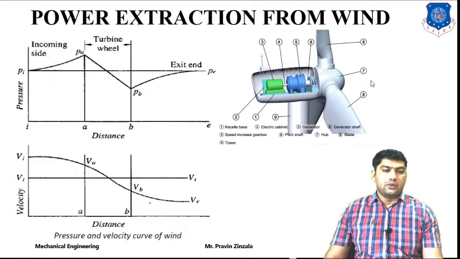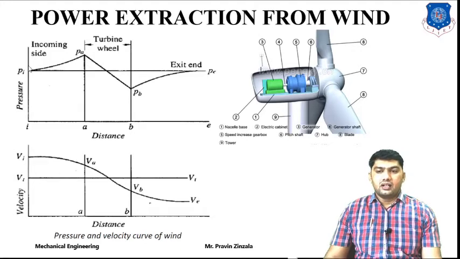This is our inlet point, the incoming side, and B is the outlet, the exit side. PA is the pressure at the inlet side and PB is the pressure at the outlet side. Similarly for velocity, VA is the velocity at the inlet of the blade, VB is the velocity at the outlet of the blade and VE is the exit velocity, with the turbine velocity and pressure constant.